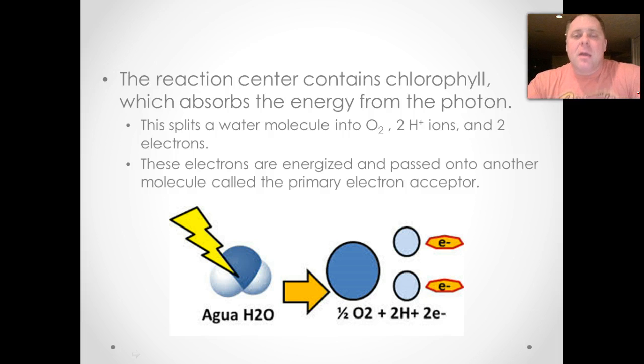Okay, so when I take water, which is right here, and you can see the blue is our oxygen and the white is going to be our hydrogen atoms. The first thing we're going to do is kind of cut these bonds right here, and that means I'm going to get my oxygen right here, and you can see it says half O2. Oxygen is a diatomic gas. It always hangs out in pairs together, so this is half of that. That's an oxygen atom.